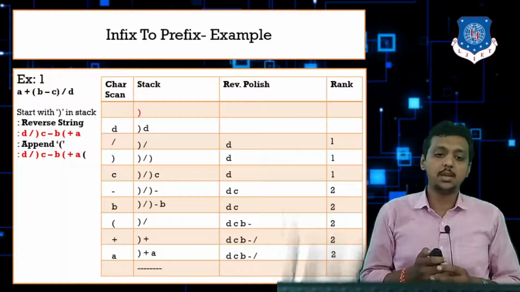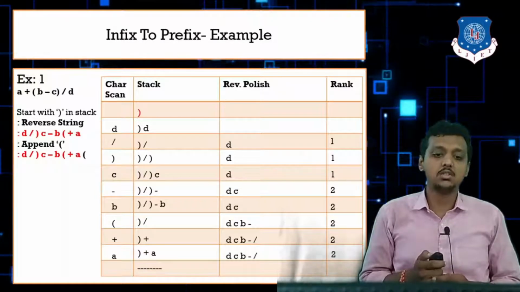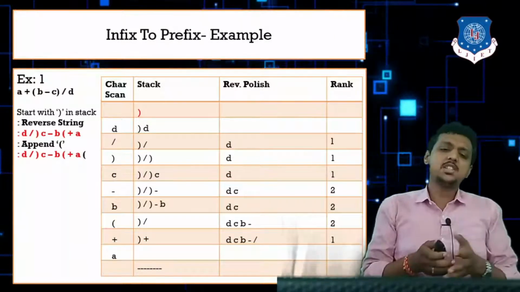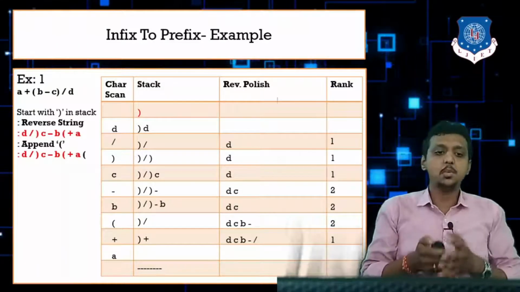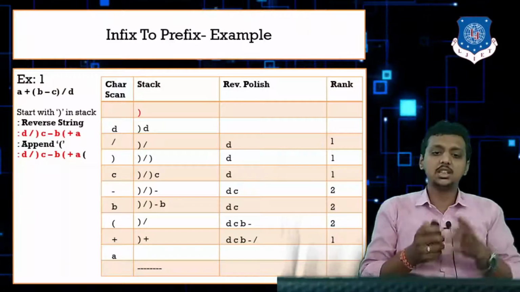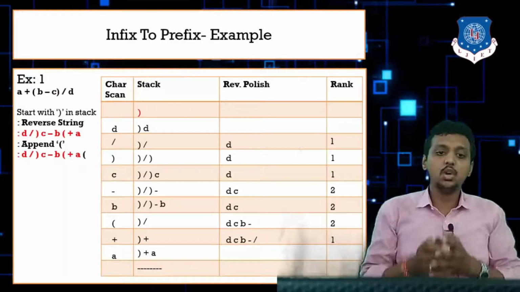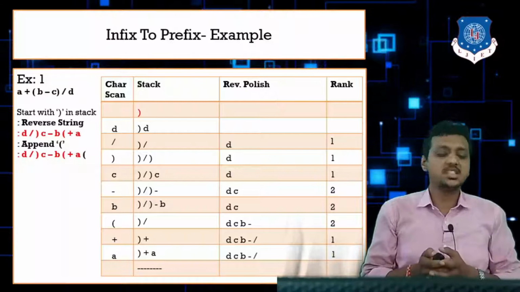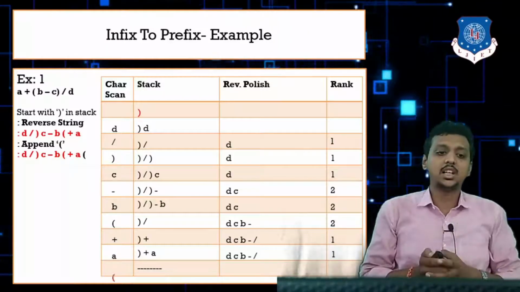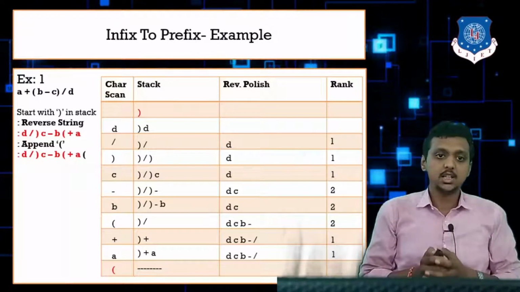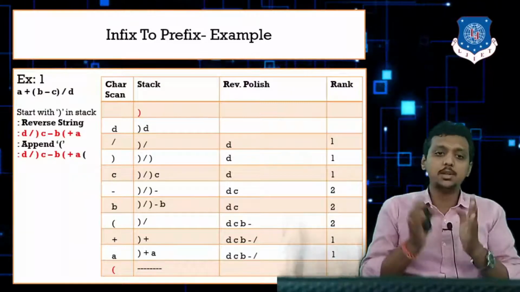Okay students, there was a mistake in the rank calculation. Before the A we get 1, and after pushing A, it remains as it is, rank becomes 1. Now at the last term we have the opening bracket. Again opening and closing both get cancelled out.